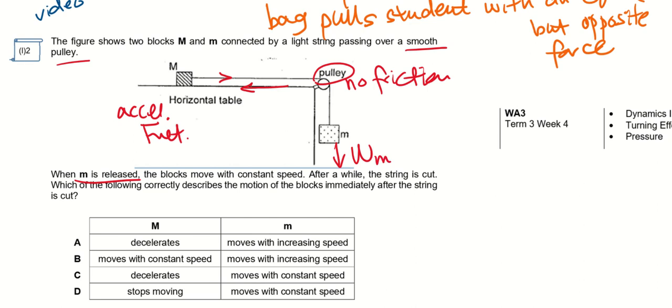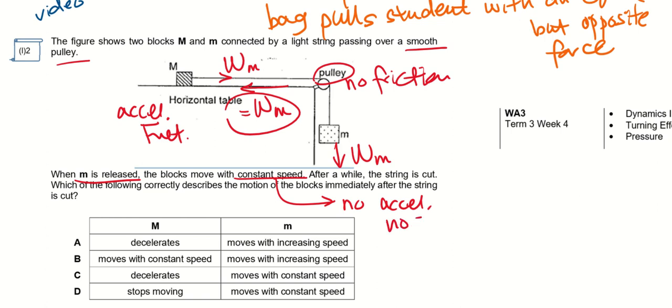There's this W small letter m. This force is pulling on the big block, the block of capital letter M, right? So by right, if this is the only force, then there should be acceleration. However, the blocks actually move with constant speed, meaning there must be a frictional force that is equal and opposite to the weight of small letter m. That's why it moves with constant speed. Because when you read constant speed, it means that there is no acceleration. No acceleration means no F net.